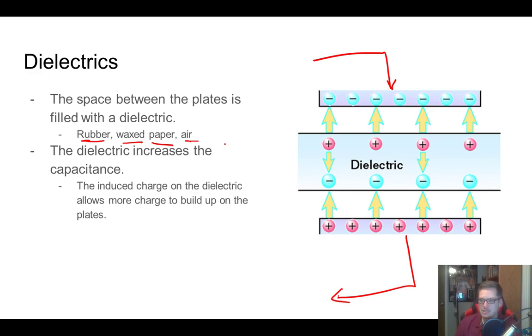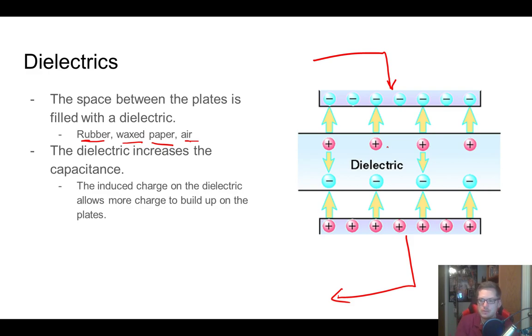By putting an insulator in there, we increase the amount of charge it can hold, because now instead of just holding charge on each plate, it's also holding that charge again on the dielectric. And if you break open a capacitor from a circuit board, you'll probably see it's full of usually white stuff that's really just kind of like paper or plastic confetti, more or less.